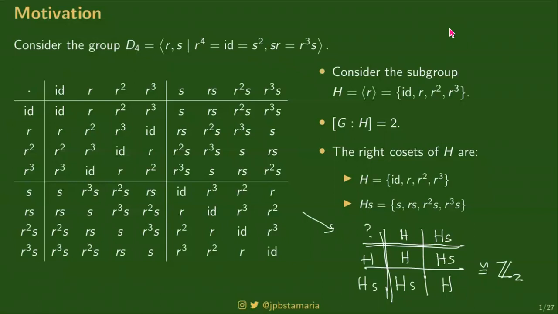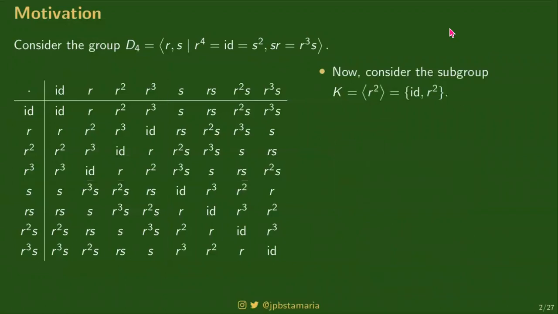To clarify that, let's look at another subgroup. This time, look at the subgroup K generated by R squared. R is of order 4, so R squared has order 2, because two R squared are enough to generate the identity. So it generates just two elements, ID and R squared.